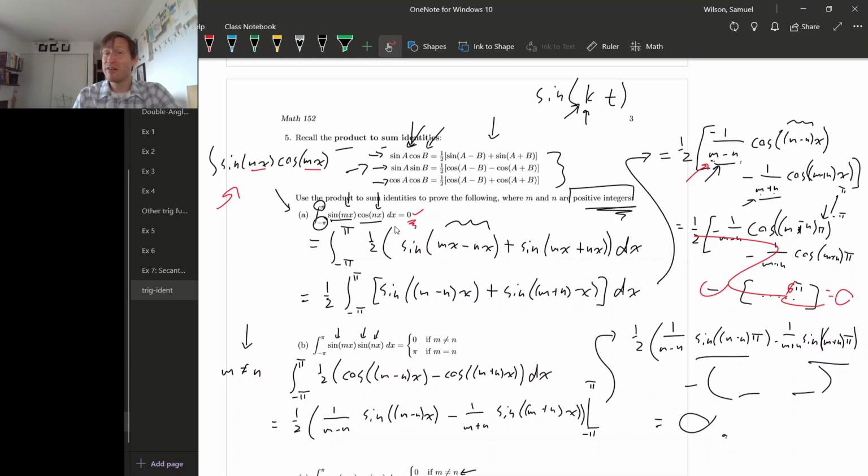That's actually very important because it's these results that make a whole field of signal analysis work, called Fourier analysis. Because these products come out to be 0, it lets you decompose any periodic signal into a sum of sines with different frequencies, with different values in here for m.